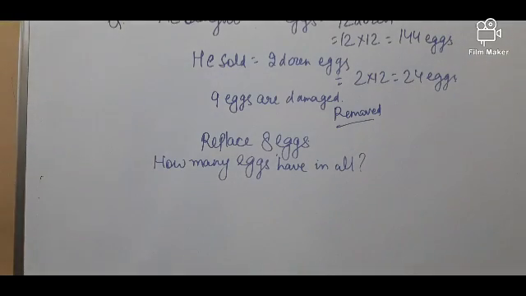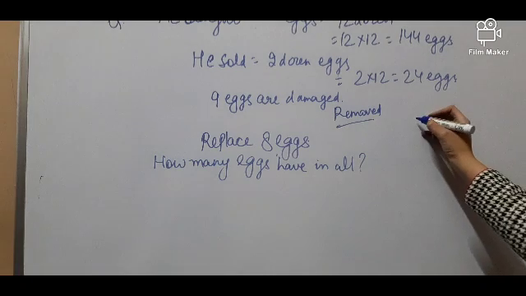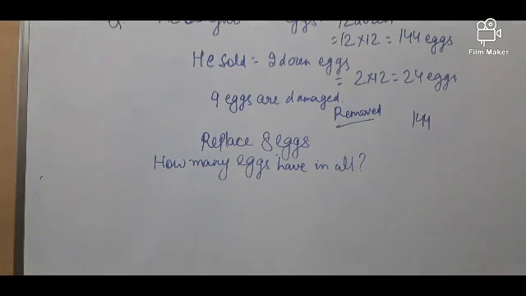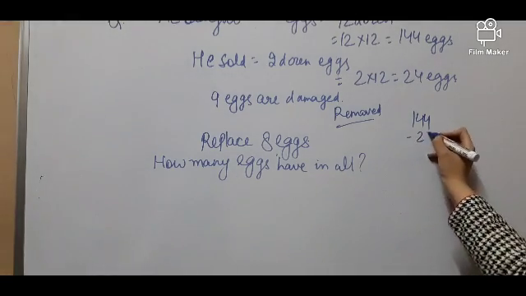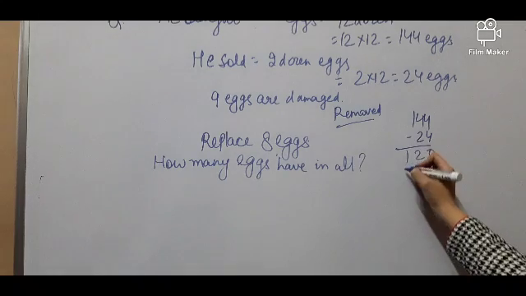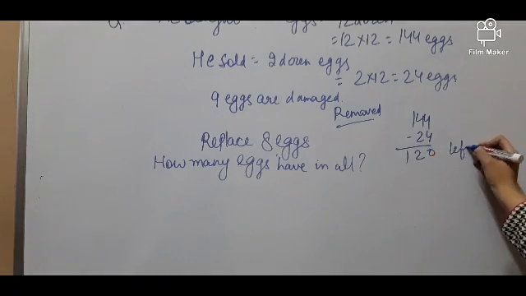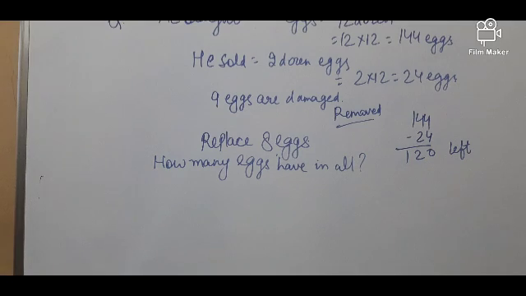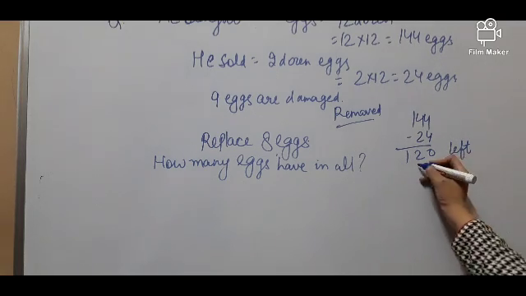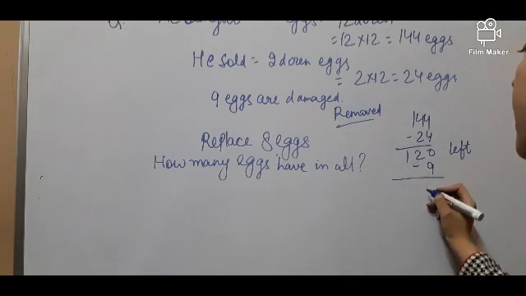So how will we find it? See, the shopkeeper bought 144 eggs, right? Out of which he sold 24 eggs, which means the eggs left are now 120, right? Now he found that 9 eggs are damaged and he removed those eggs.